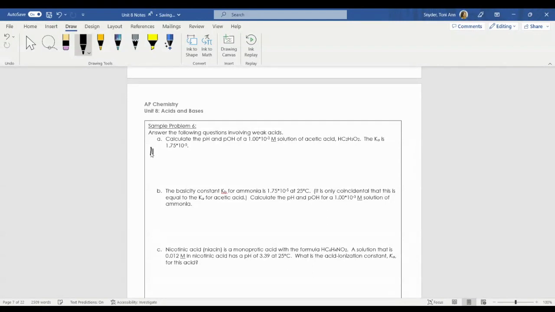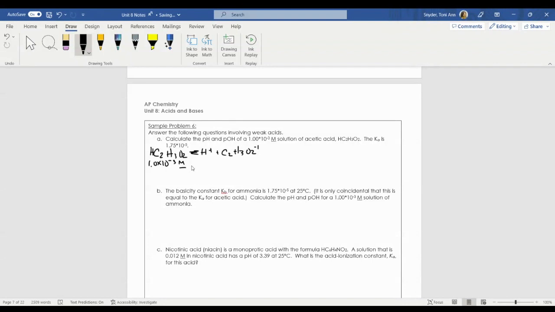So if I consider what is my reaction, acetic acid is dissociating into hydrogen ions and acetate ions. This concentration is 1 times 10 to the negative 3rd molar. That is not equal to the hydrogen ion concentration because this is a weak acid. Not all of those are dissociating.